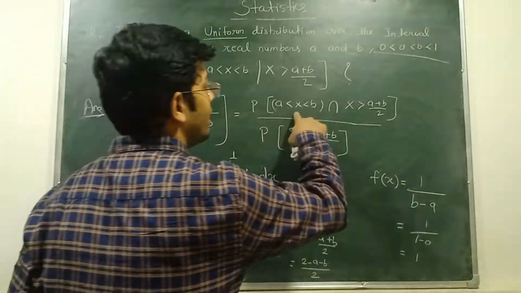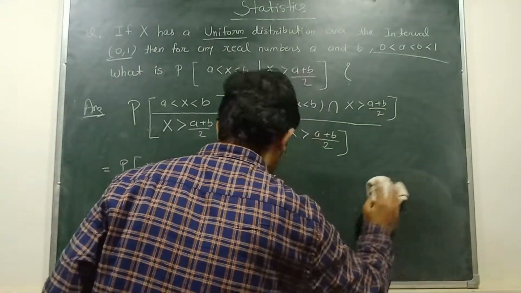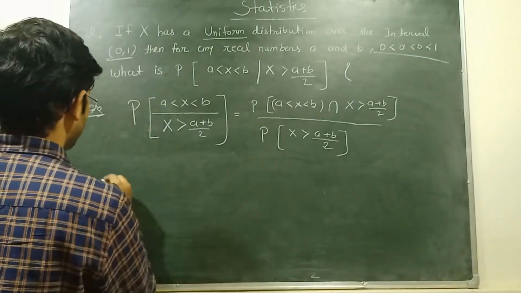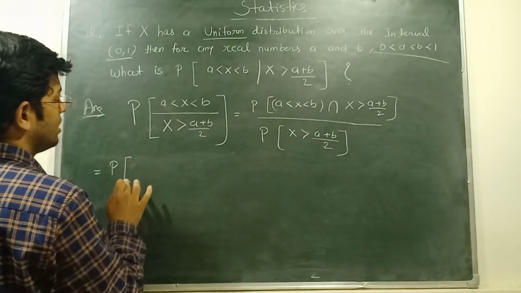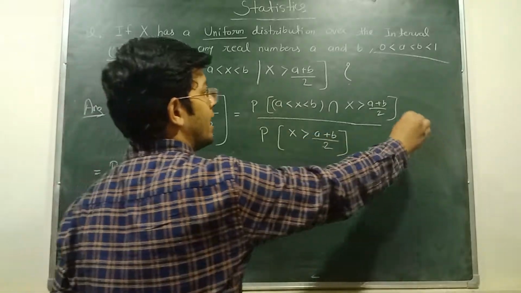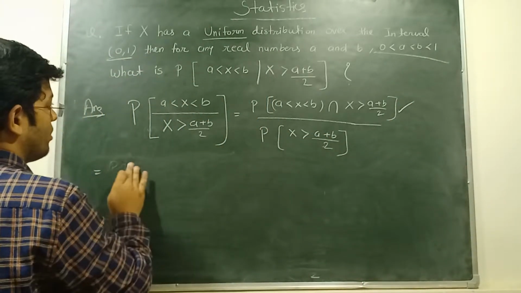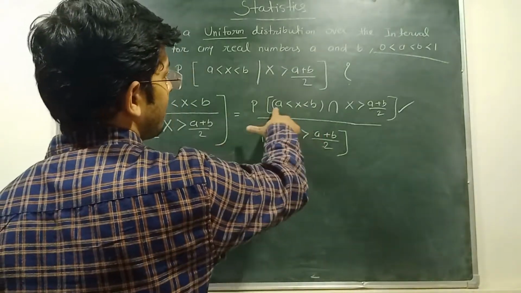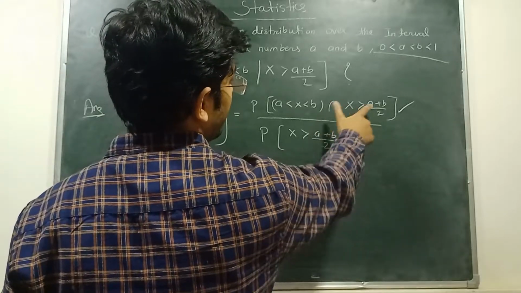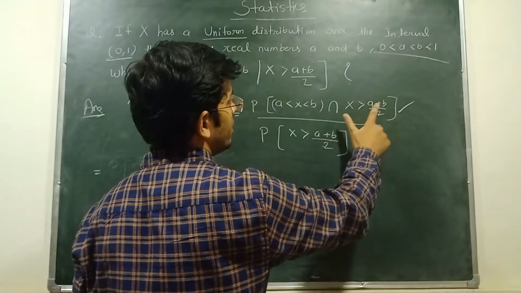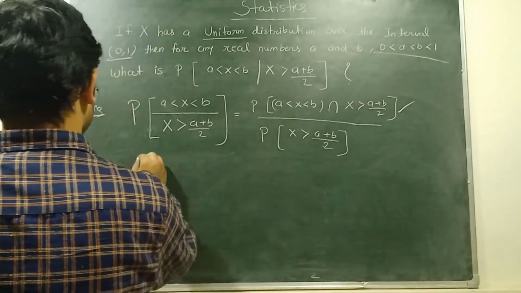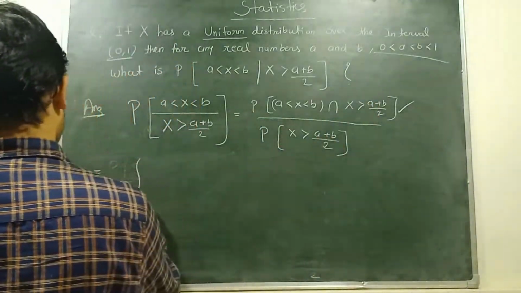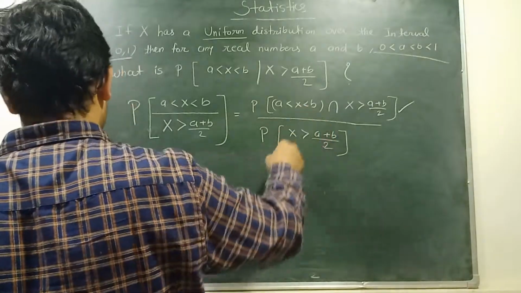Now we will find the value of this term in the numerator. In this term, we have the upper limit and lower limit: the lower limit is (a plus b) upon 2, and the upper limit will be b.